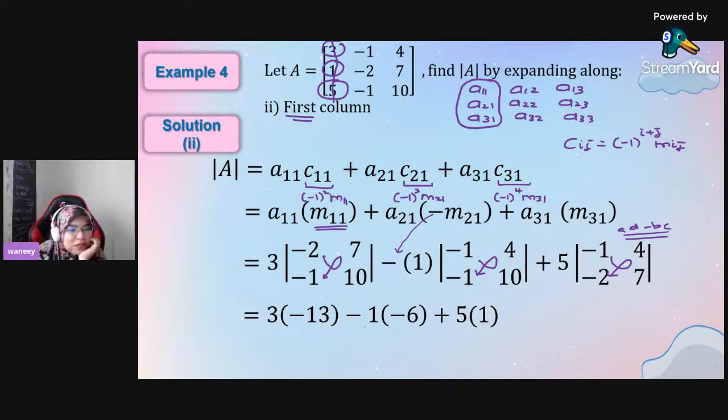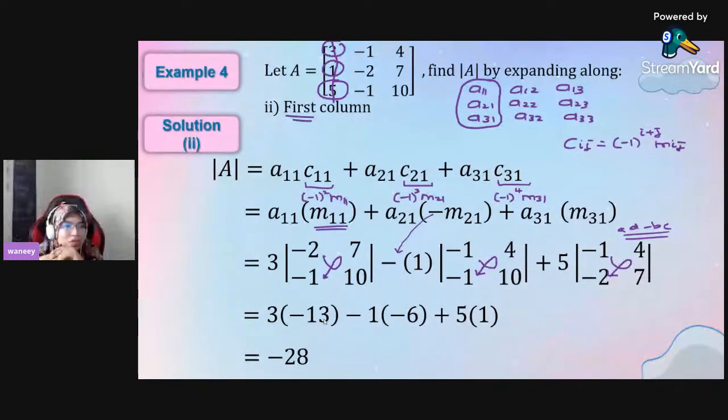So that will give you 3 times -13 minus 1 times -6 plus 5. So the answer for this one will be similar to what we have earlier, which is -28. Because basically for determinant, you can choose to expand any of the rows, any of the columns, and they will give you the same determinant, the same value.